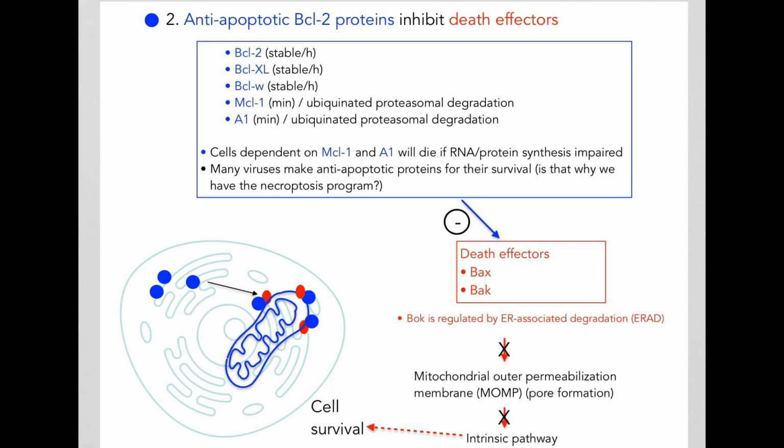So cells that are dependent on, say, these proteins, MCL1 and A1, will die if their RNA and protein synthesis is impaired. That's because these proteins are very unstable, so they would not be able to prevent apoptosis or promote cell survival. So if anything goes wrong with RNA and protein synthesis and your cell depends on these two anti-apoptotic proteins, then the cell has a very low chance of survival.